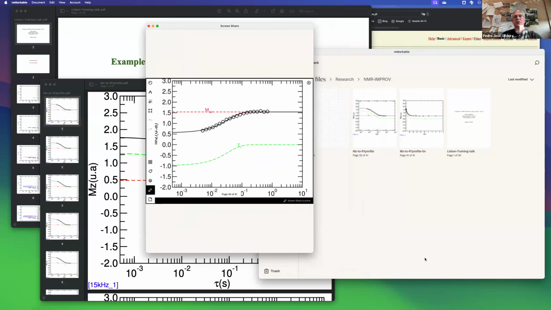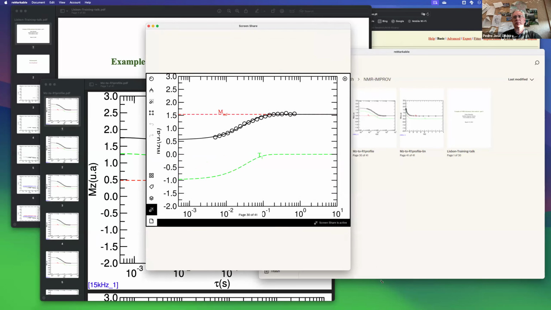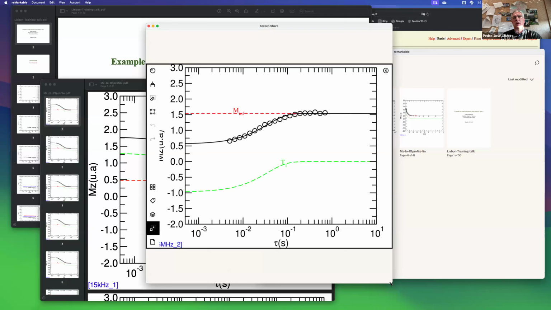Are you still able to see my screen? Yes, we can see your screen. Okay, so I'm using my reMarkable tablet now to make the presentation, and I can just write things down.